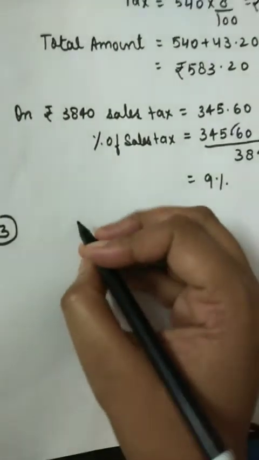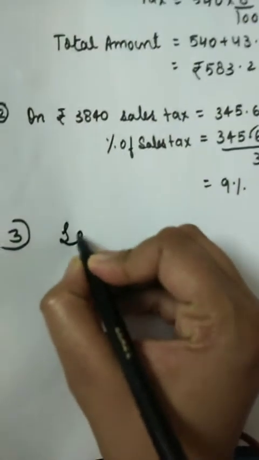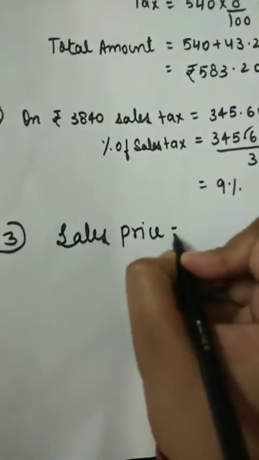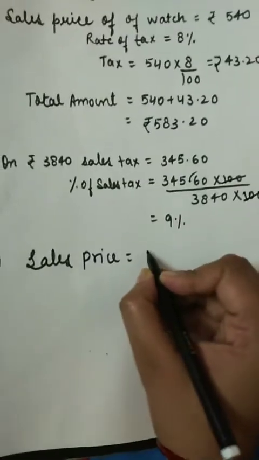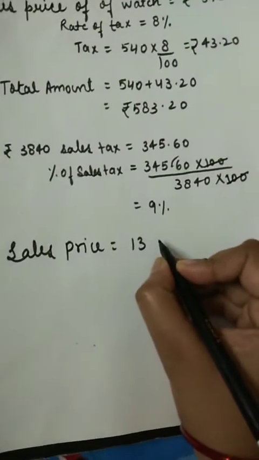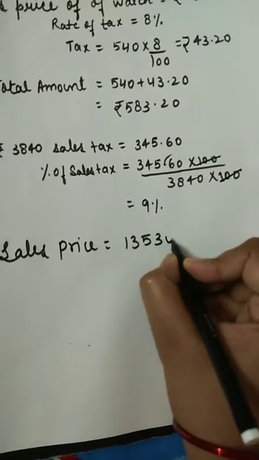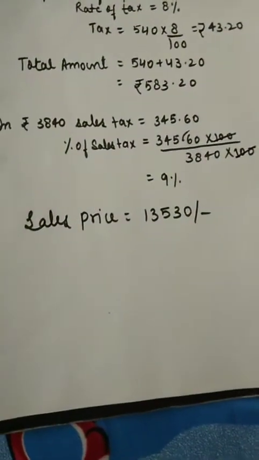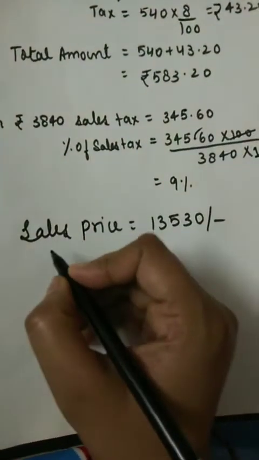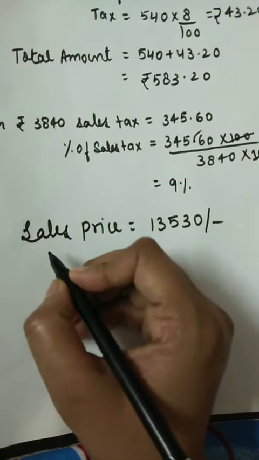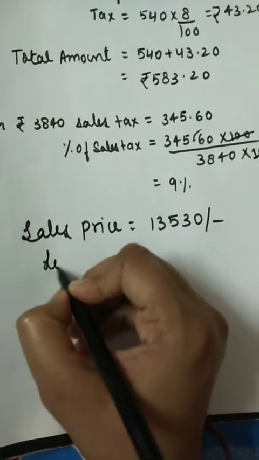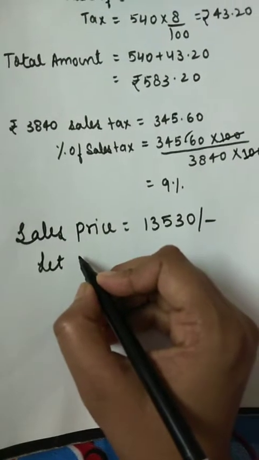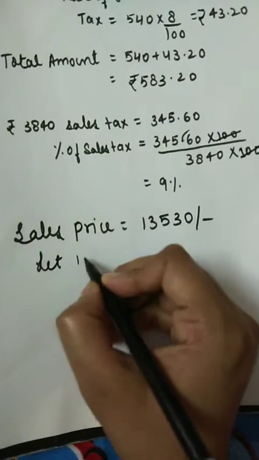Here you can see the sales price is given as 13,530 rupees. Then you will just let the cost price as 100.